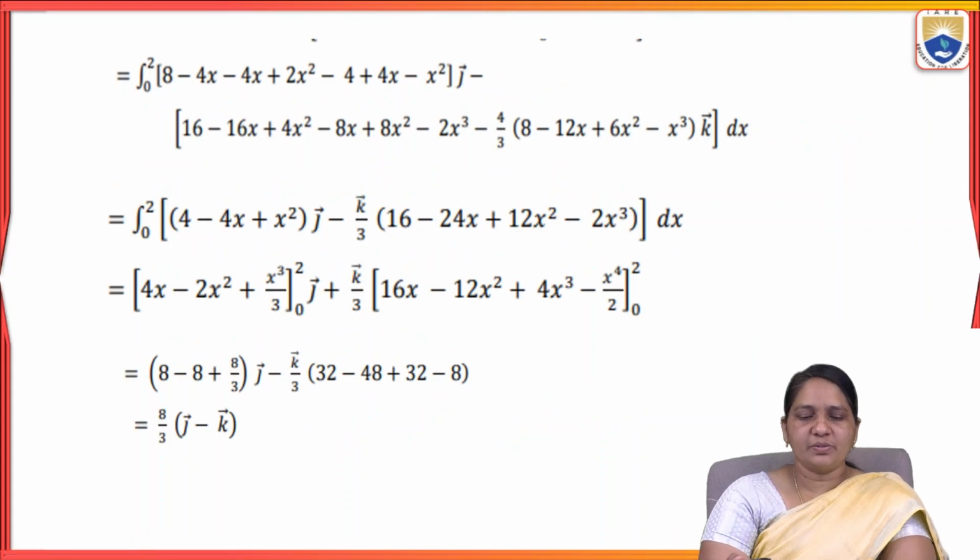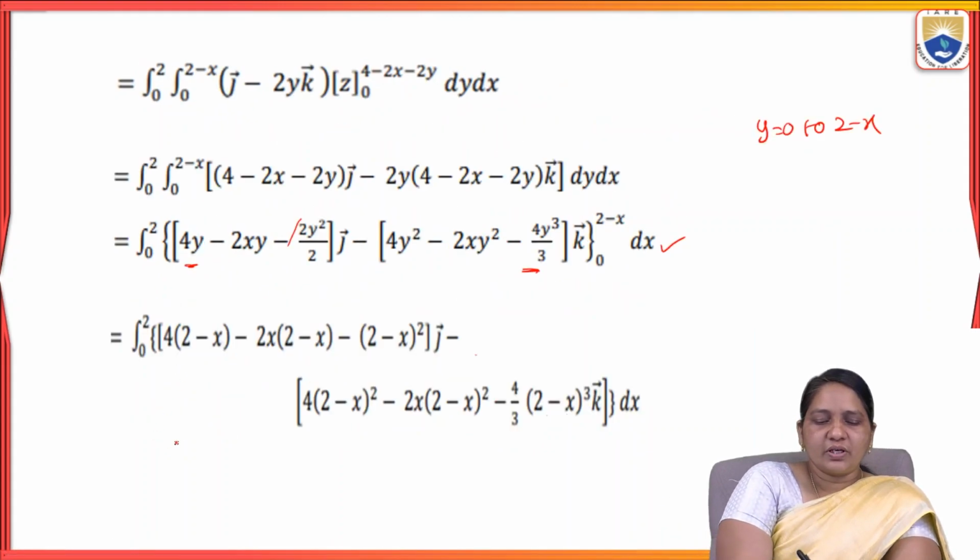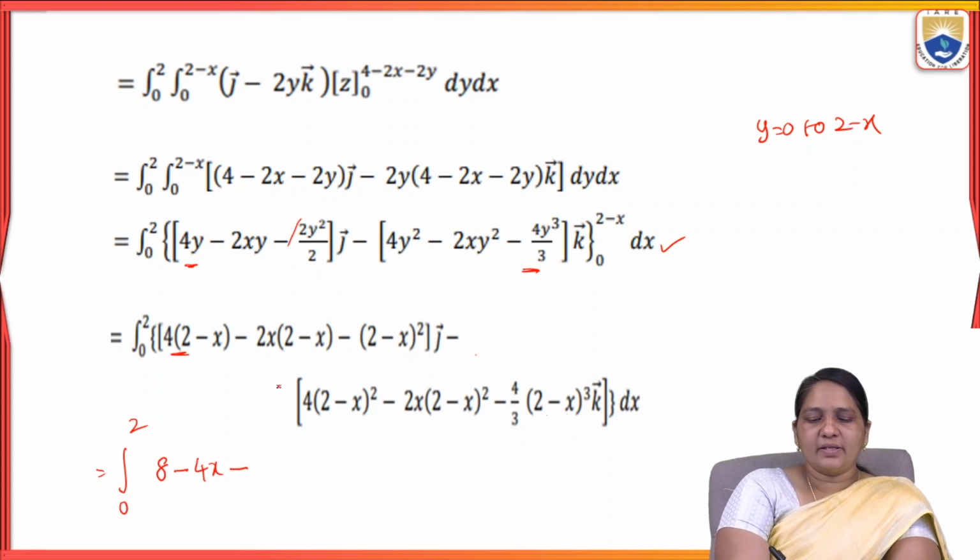So now we are simplifying that. So this one 4 minus 2, so integral 0 to 2. 4 2s are 8 minus 4x minus here 2 2s are 4, 4x minus into minus plus, so 2x square.